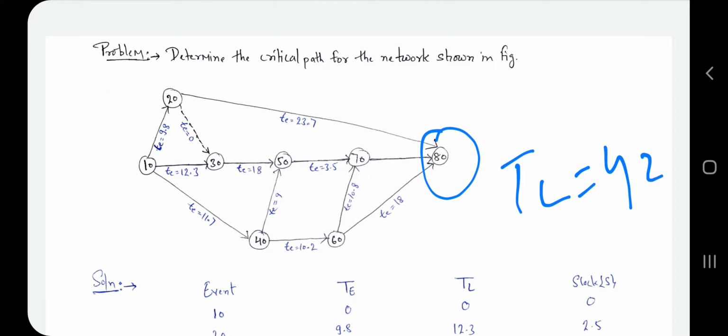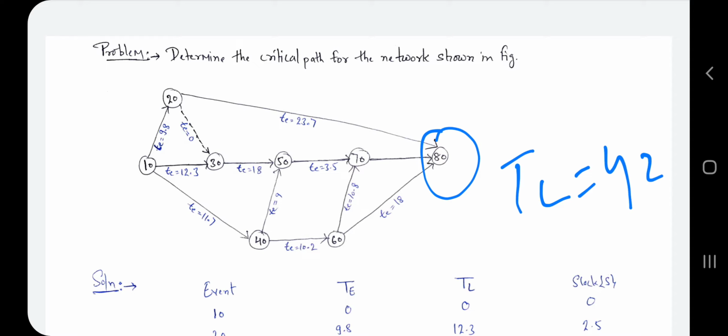Now at 80 we have 3 arrows coming in: 20, 70 and 60. If I consider this 70 part, here I forgot the t value, okay, no problem.